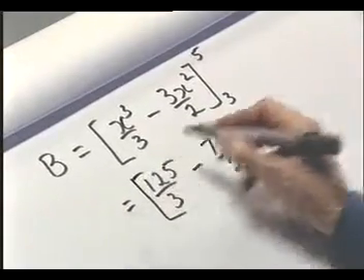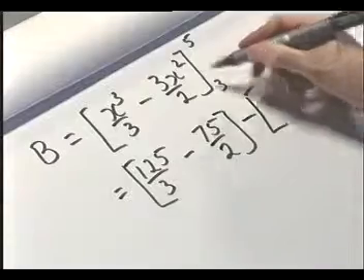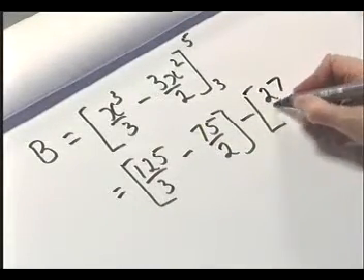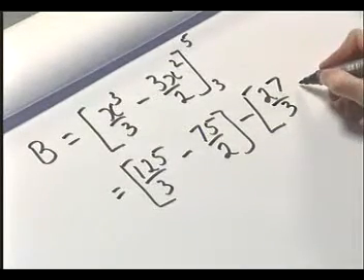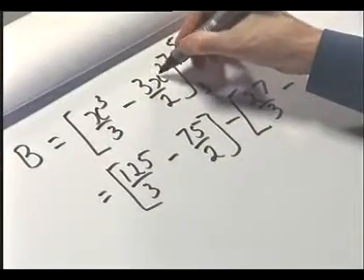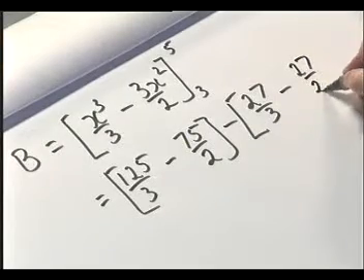And that's our first bracket. Minus, and now we put in the 3. So that's 27 over 3, because if you think about it, we've actually worked this out before, minus x is 3, 3 squared is 9, times by that is 27 over 2.